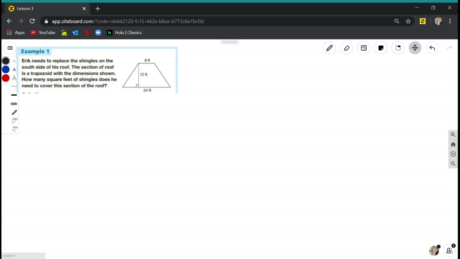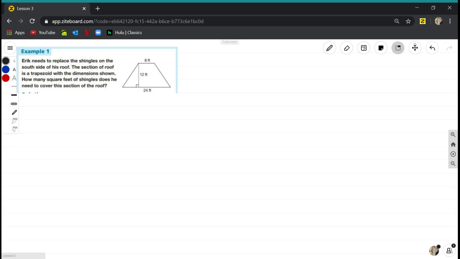So here is an example of our lesson 75. It says, Eric needs to replace the shingles on the south side of his roof. His section of roof is a trapezoid with the dimensions shown. How many square feet of shingles does he need to cover his section of the roof?